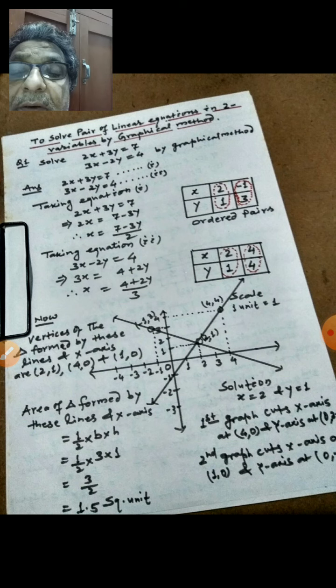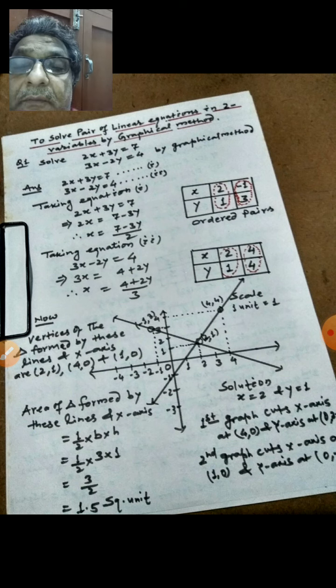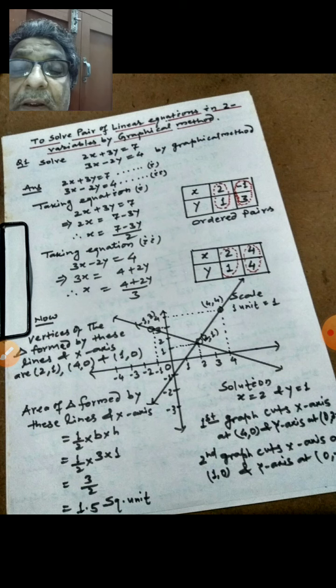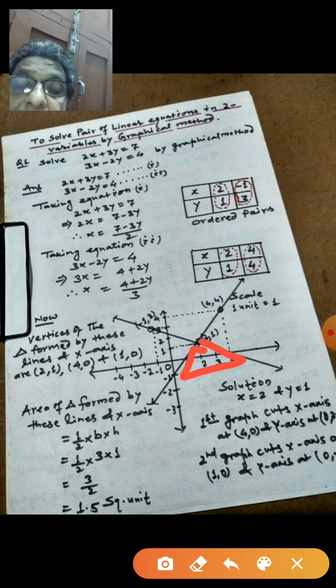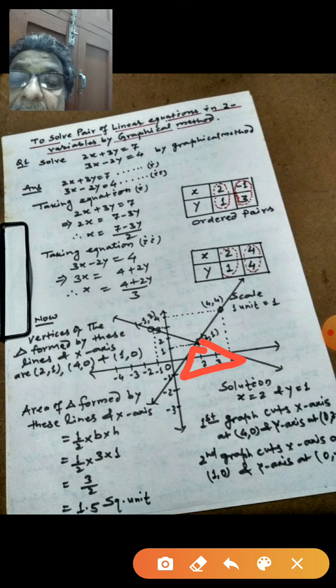Now one tail more, usually asked, is to find the area of the triangle formed by these lines with the x-axis. Then the case is of the same triangle, this one. So we have to find the area by using the formula half into base into height or altitude.